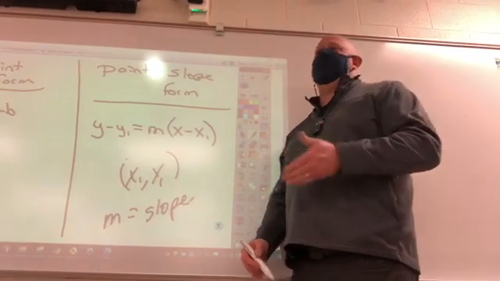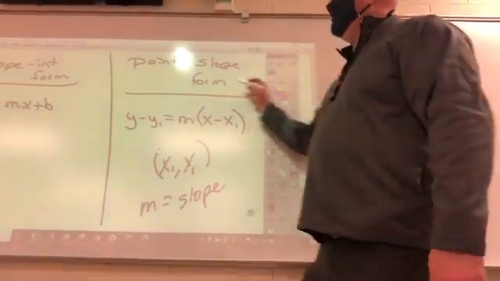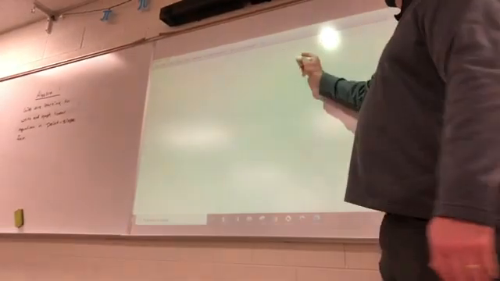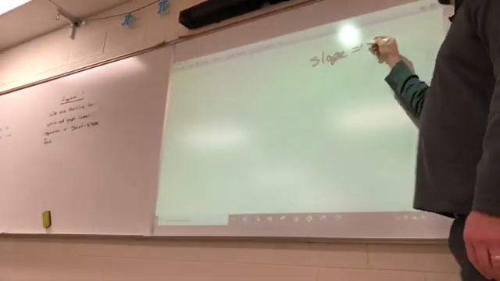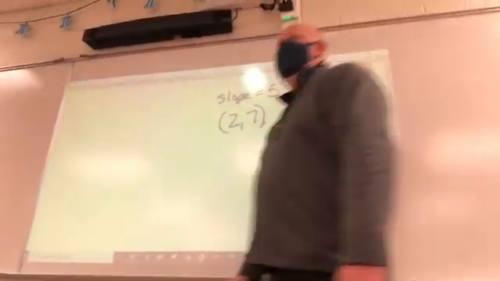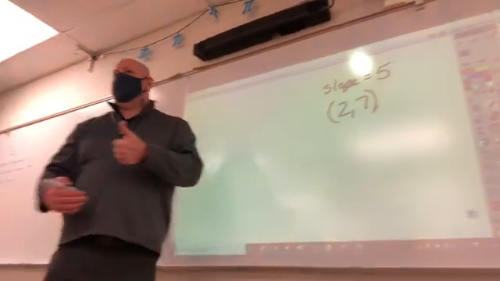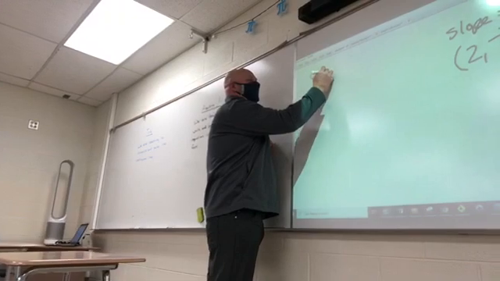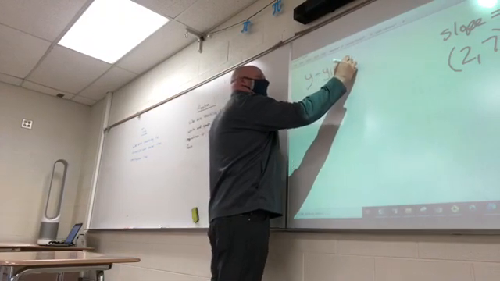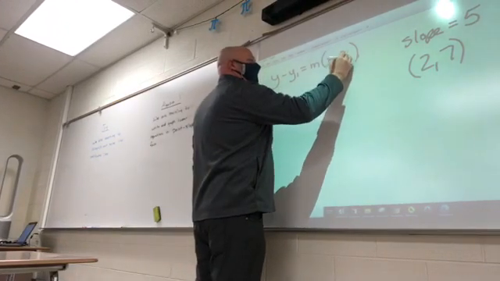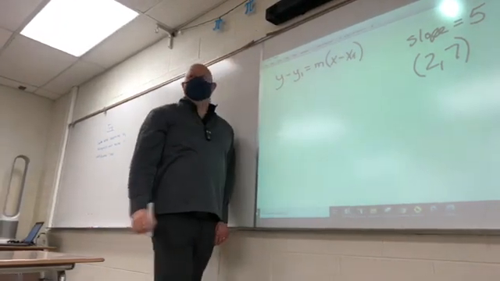So that exact same problem that we just did, where they gave us the slope is 5 and the point 2, 7. Can we do this in slope-intercept form? Absolutely. But a different method is simply this.